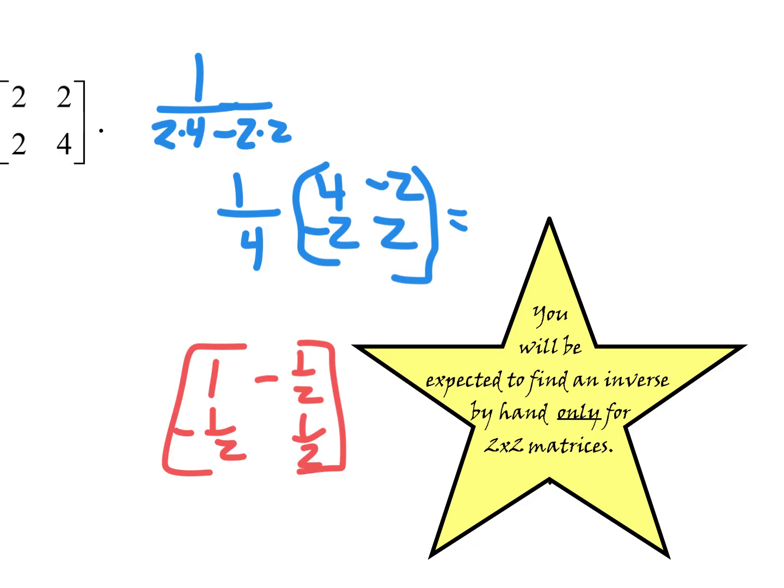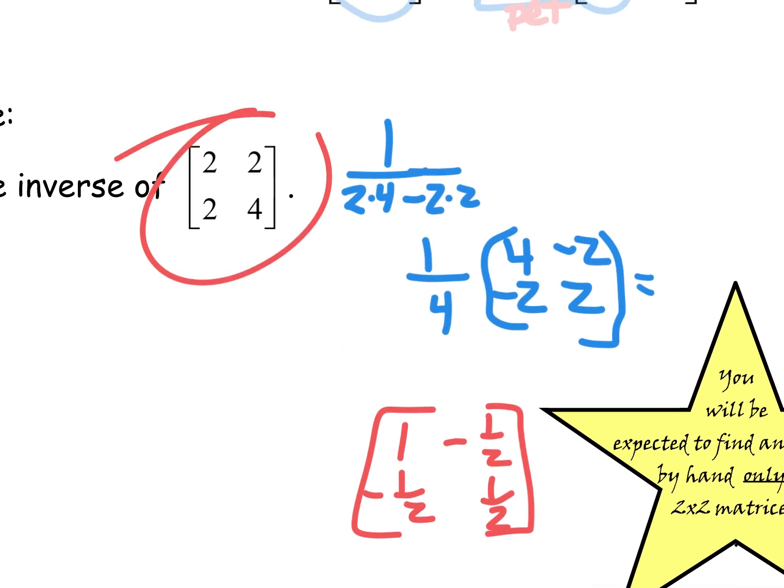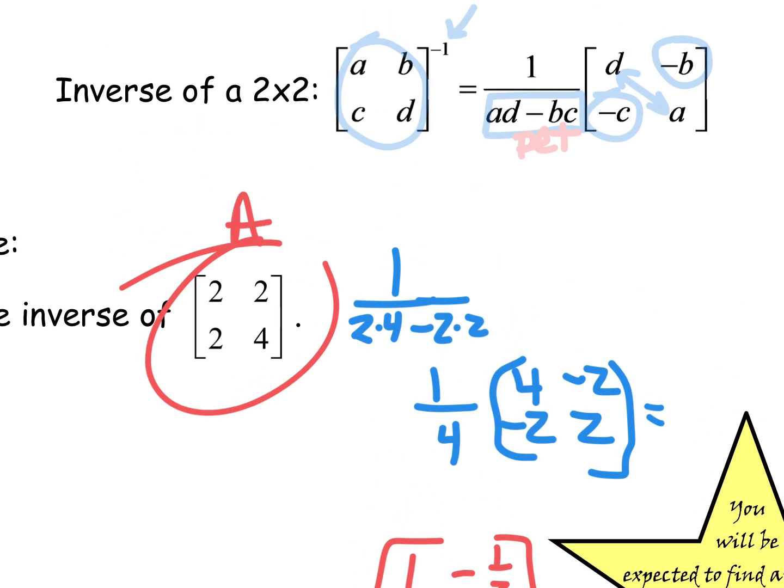Okay, now what we're going to do is find the inverse of this using a calculator. So go in and make your matrix A be 2, 2, 2, 4. Get your matrix A changed over to 2, 2, 2, 4.